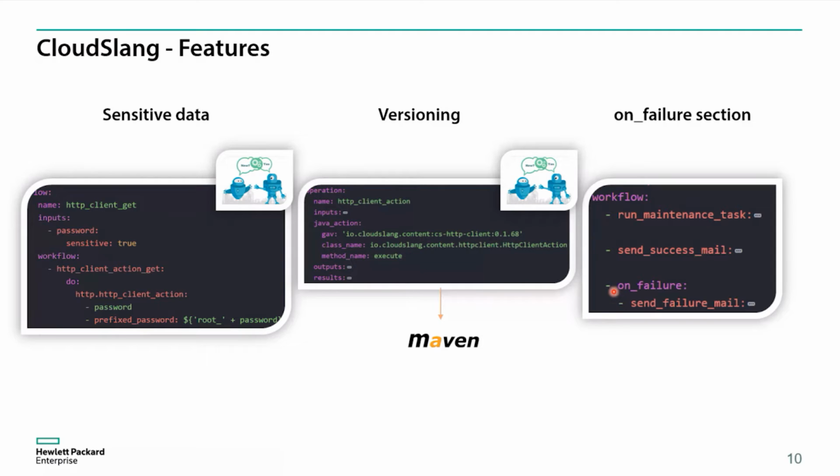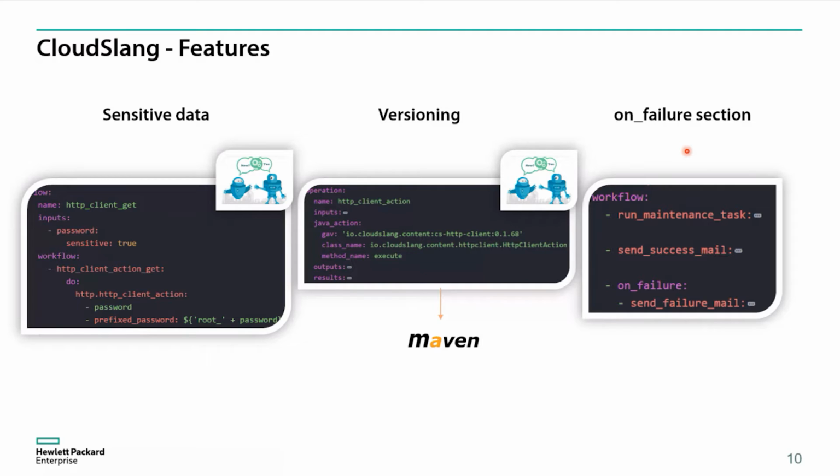So you can define a default failure. For this particular example, if run maintenance task fails, it will go on send mail. If send success mail fails, it will go on sending a failure mail here.